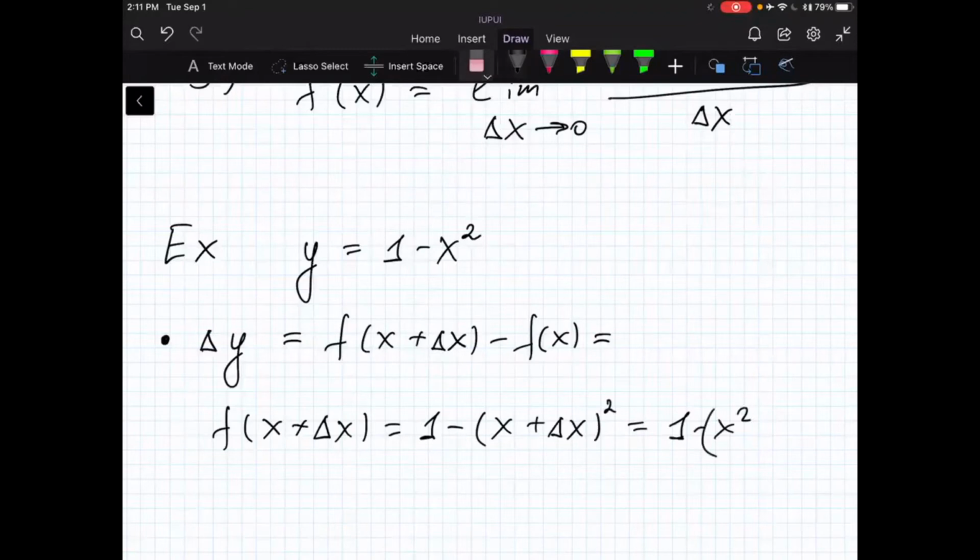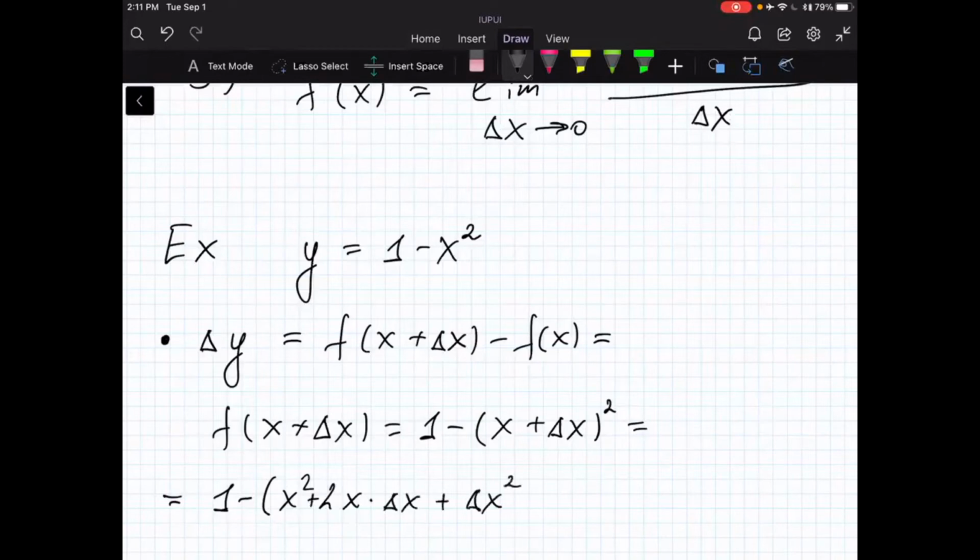Okay, let me do it more precisely. So it's x squared plus 2x times delta x plus delta x squared.